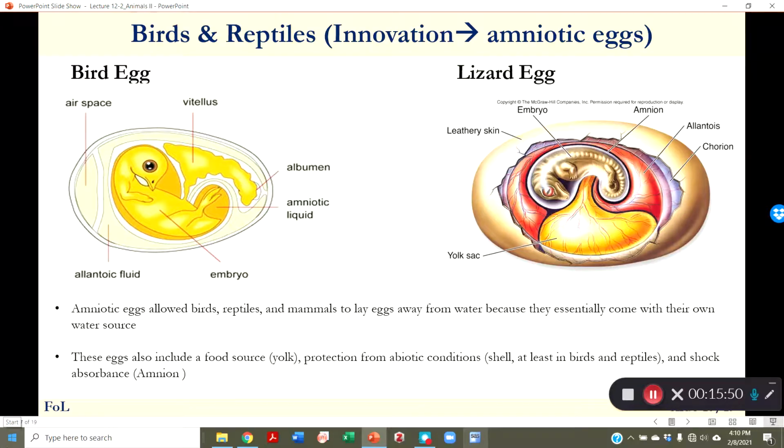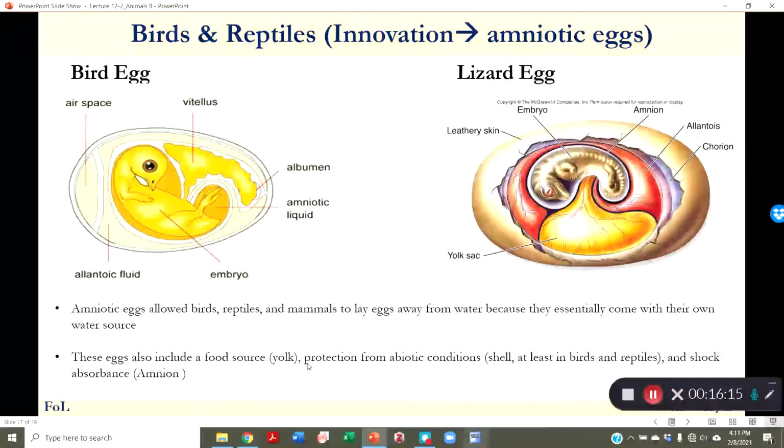But basically, amniotic eggs allowed birds, reptiles, and mammals to lay eggs away from water, because they're coming with their own water source. And so this really allowed flexibility. You know, we talked about seeds as being important for plants getting away from water and onto land. The same is true for eggs and animals.